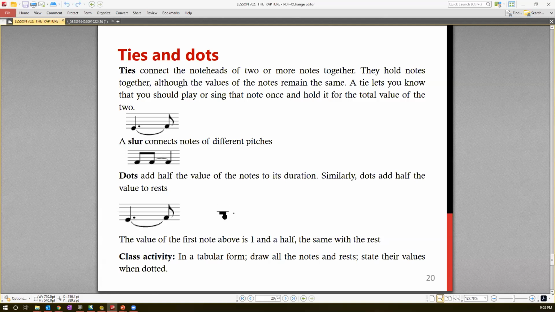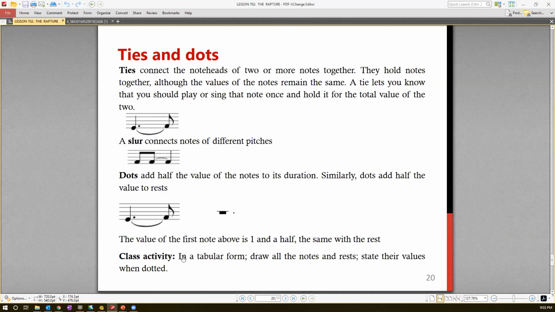So in total, this symbol here, a dotted whole note or a dotted semibreve, has a value of 6 because of this dot. Remember, the dot adds half of the value of whatever rest or note we are considering.